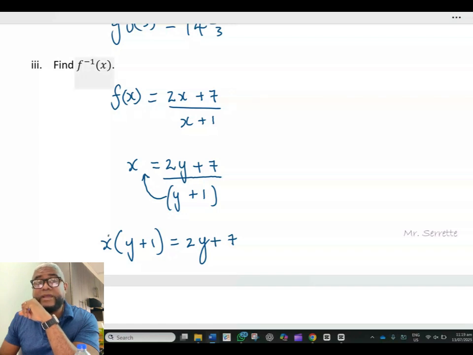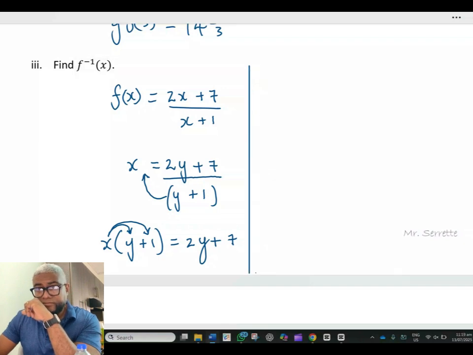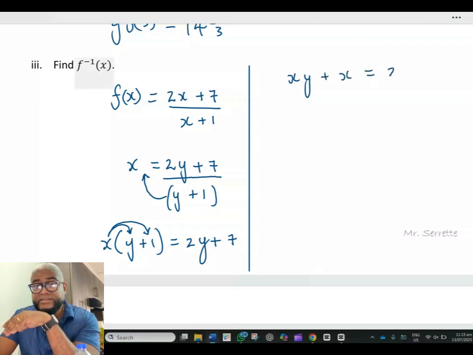So I'm multiplying this x by what? By y alone? Everything. Y and 1. So this will be xy plus x by 1 is just x. Everybody agrees? Is equal to 2y plus 7.